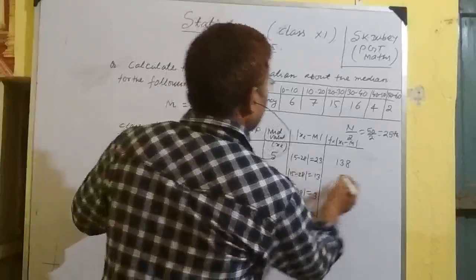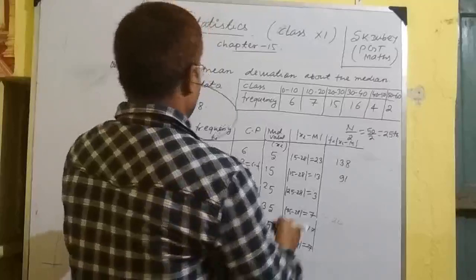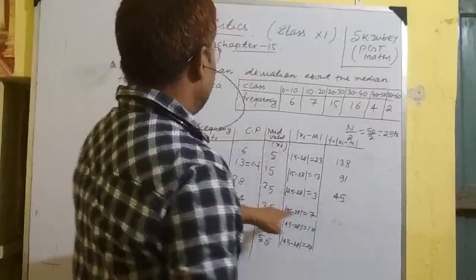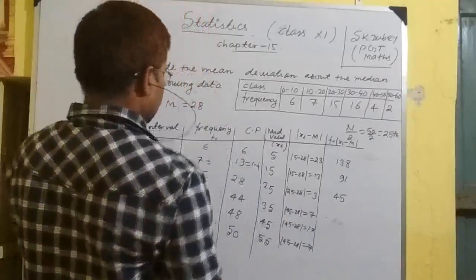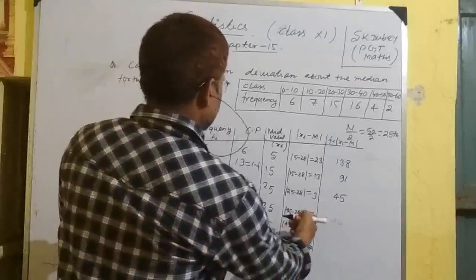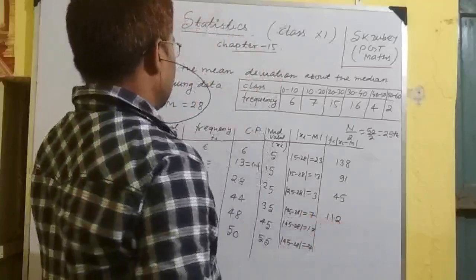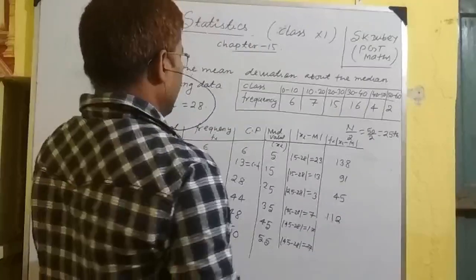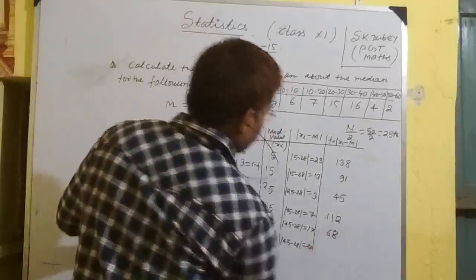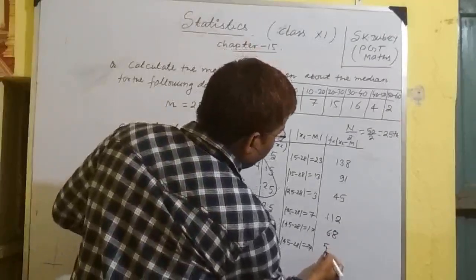Then 15 into 3 is 45. 16 into 7 is 112. And 4 into 17 is 68. And 2 into 27 is 54.